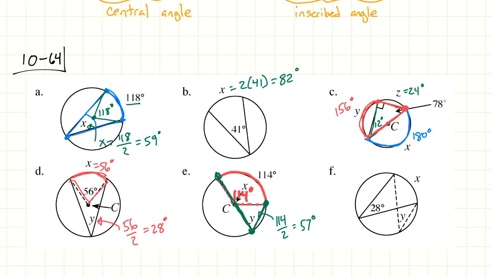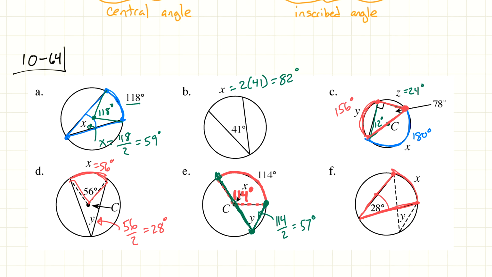And then the last one, again, we have an inscribed angle given to us. You'll notice I extend the lines all the way till I reach the circle. So this 28 and this intercepted arc have a connection.